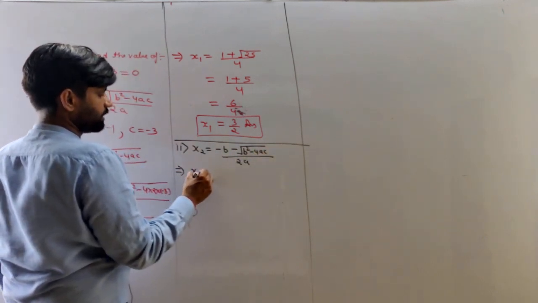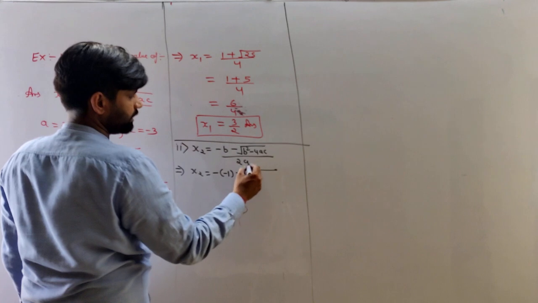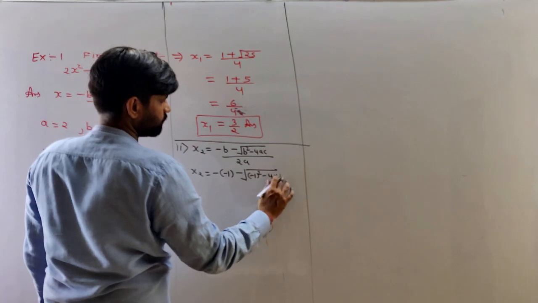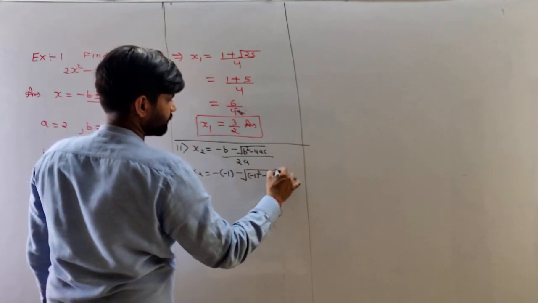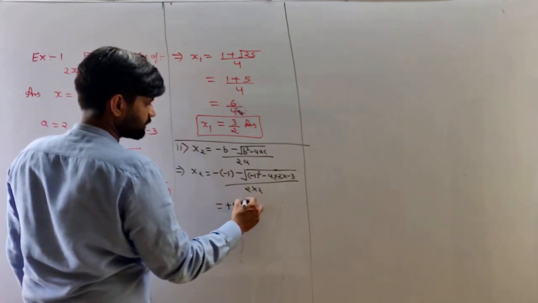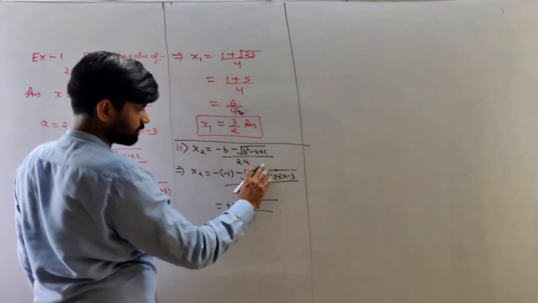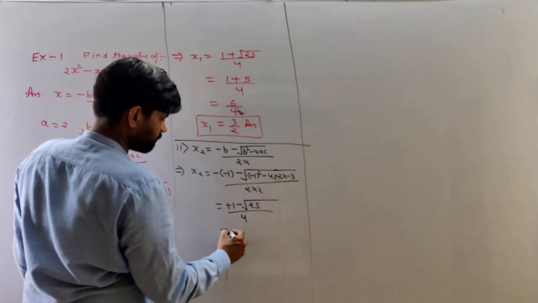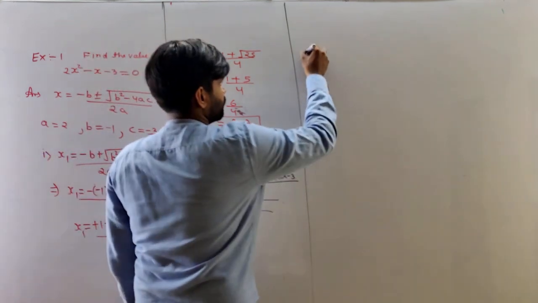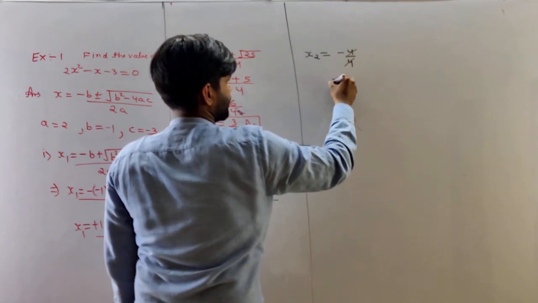So here x2 = (-1 - √((1)² - 4 × 2 × (-3))) / (2 × 2). That is (-1 - √25) / 4 = (-1 - 5) / 4. So x2 = -4/4, that is -1.